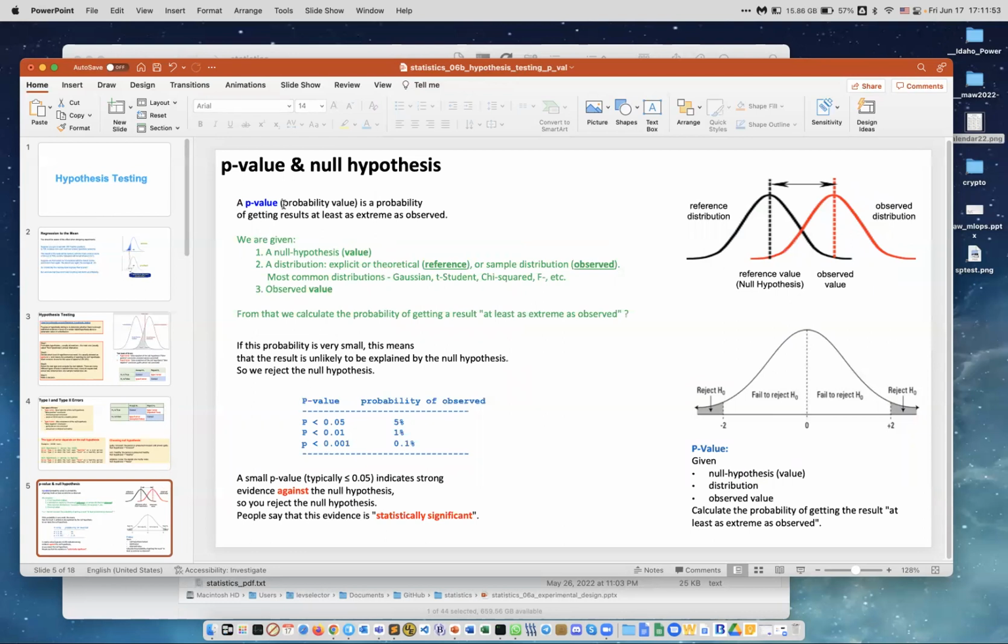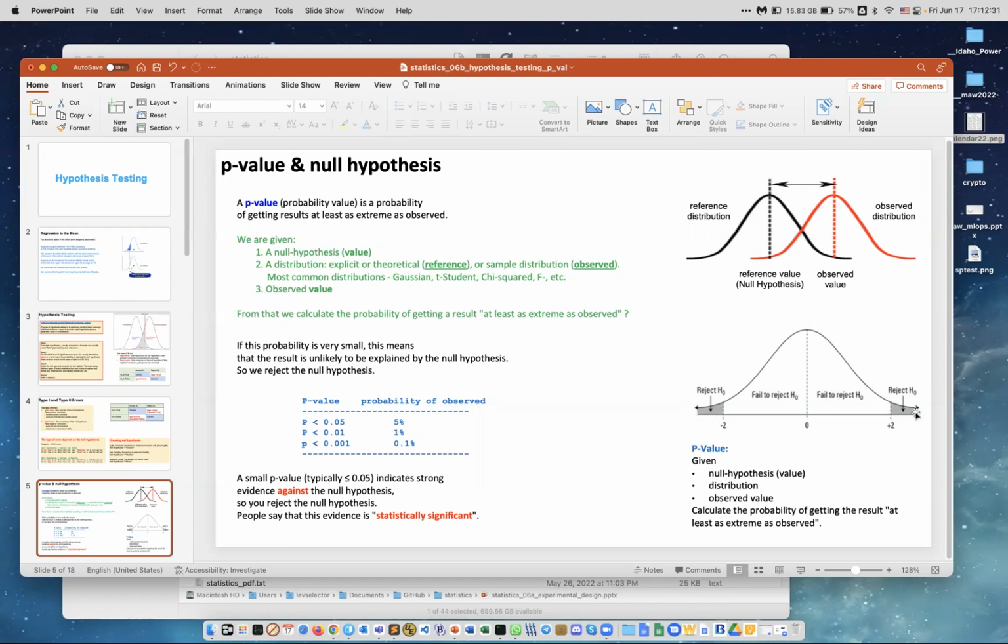Okay, p-value and null hypothesis. P-value, well, it's a probability value. It's the probability of getting results at least as extreme as observed. So suppose we have some sort of distribution, and this is our null hypothesis, null value, and we're actually getting a value somewhere here. Then the area under the curve, maybe it's a single-sided or two-sided test. So let's say it's two-sided: area here and area here together.